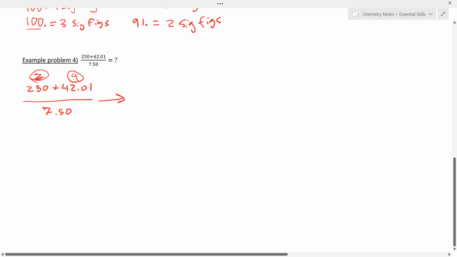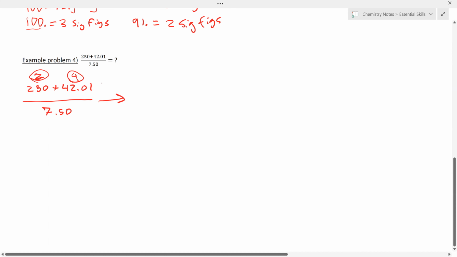So when we solve the top portion, again using my trusty calculator, I'm going to write the number up here. Okay, I figured out how I want to do this.